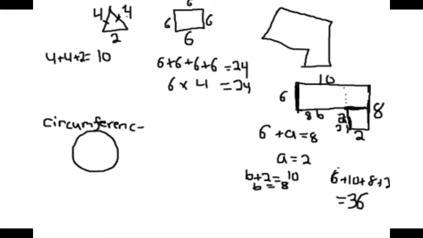The way you calculate this, there's an equation that should be in your formula sheet. In order to calculate the circumference of a circle, you need the radius. So let's say this had a radius of 8. The equation for circumference, which is the perimeter of a circle, is 2 pi r. So if the radius is 8, then we'll have 2 times pi times 8, which would give us 16 pi.